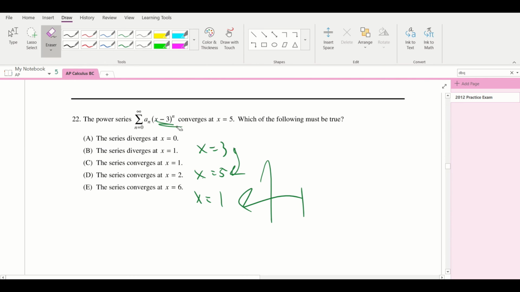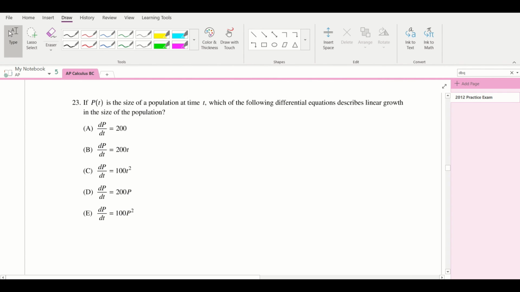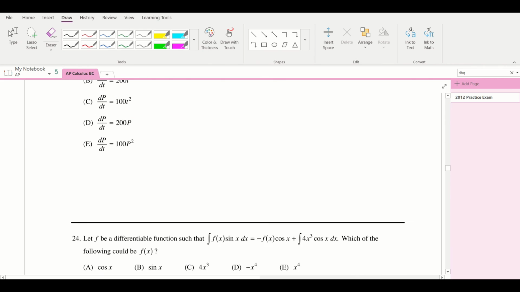Because it's like x minus 3. So it still converges at x equals 1. I mean, it's just linear growth, so, you know, it's pretty simple.